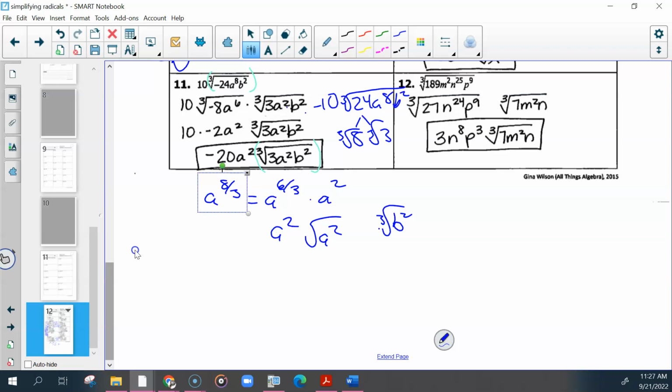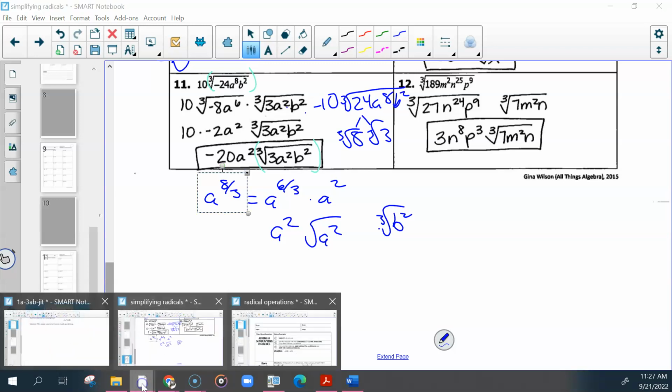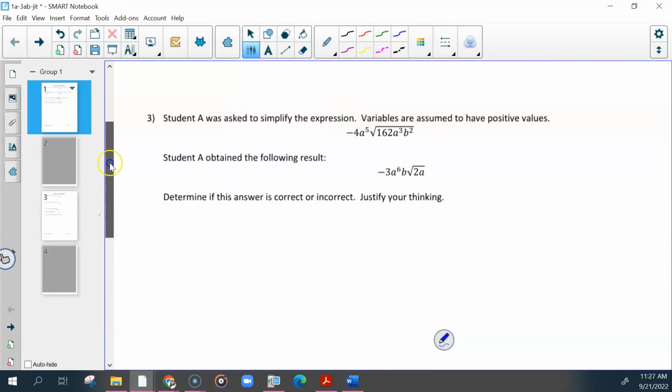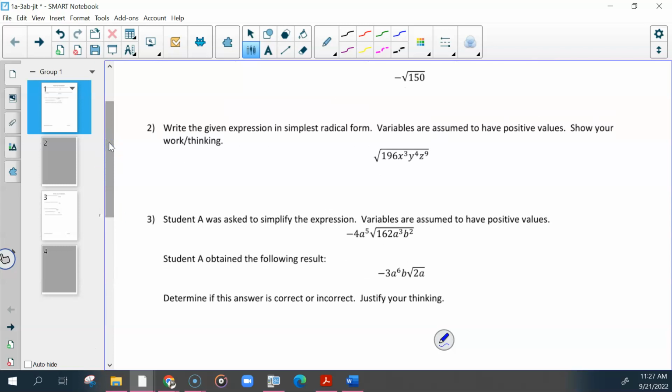Other questions on that one? So you were supposed to do 2 and 3 if you weren't doing 5 and 11. Anyone get 2 that they want to share their answer for it? Answer and work.